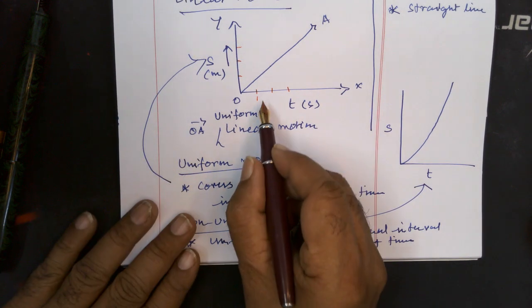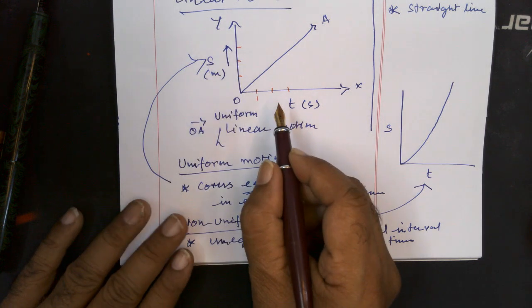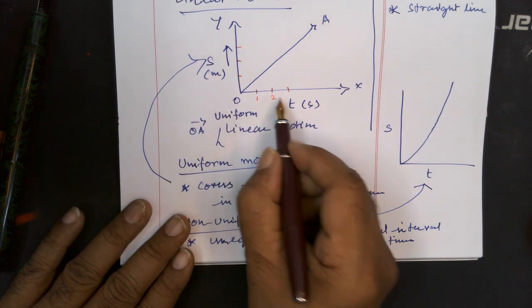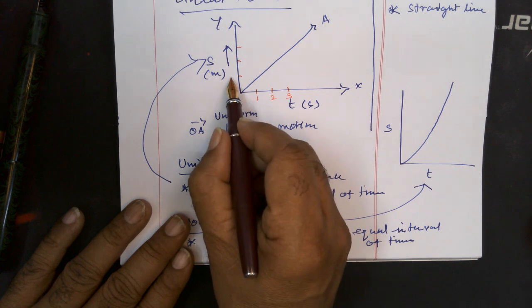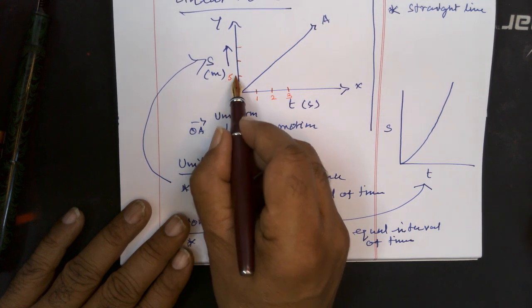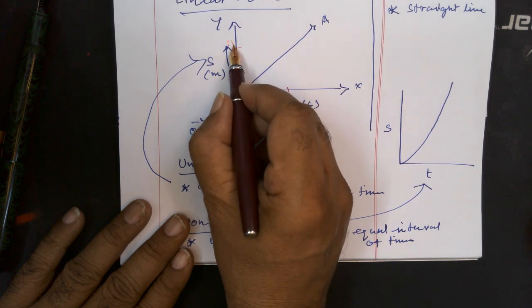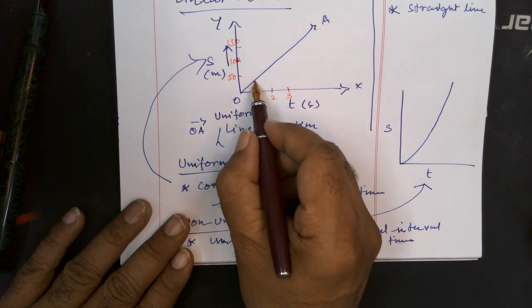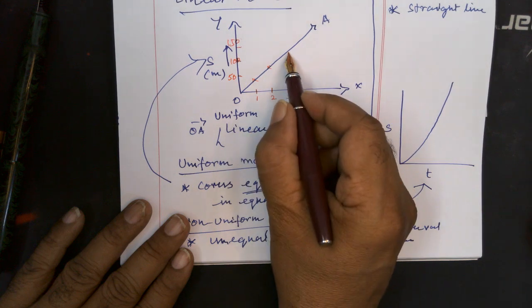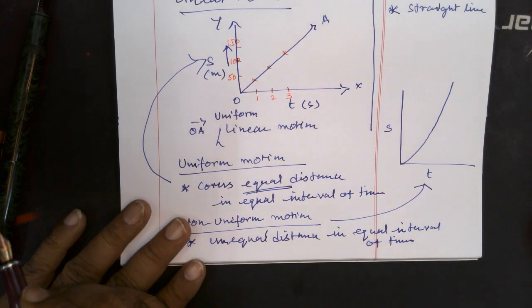So 1 second, 2 second, 3 second. So here say 50 meter, and this is 100 meter, and this is 150 meter. So you take a point, you will get a straight line only in this case.